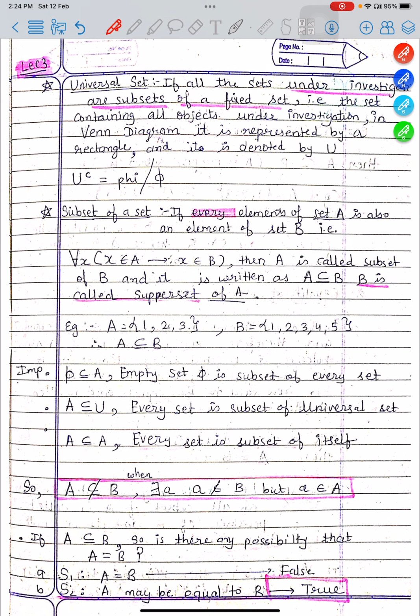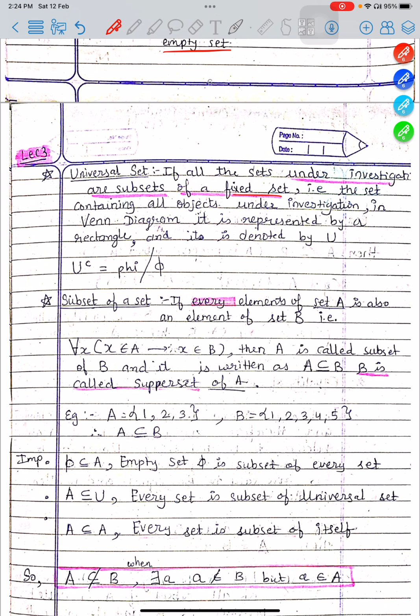Universal set. If all the sets under investigation are subsets of a fixed set, like we've seen before, that system is our universal set, like what we take into observation.